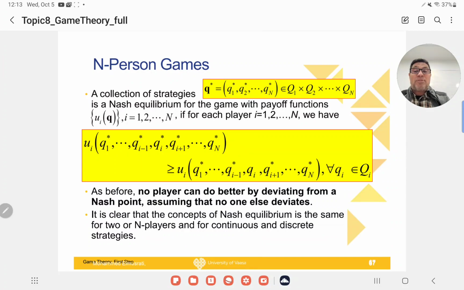In order to have a Nash equilibrium, for every player i, if all of them play the Nash equilibrium, then the payoff will be better for the ith player than if the ith player plays any other strategy than the Nash equilibrium one. So in that sense, no player can do better by deviating from the Nash point, assuming that no one else deviates. This is a very important concept that we should always keep in mind when we talk about decision theory and game theory in general.